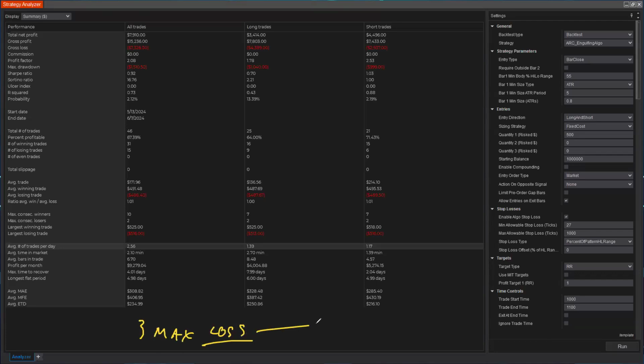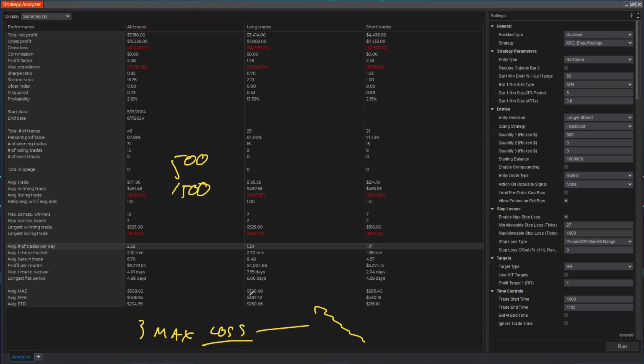Because in real life, when you're trading real money, you don't want the algo just going rogue and bleeding out your entire account because some news event came up. That's kind of worst case scenario, but still important to know. So I would do 3 max losers in this case, which, if our risk per trade is 500, puts us right at about 1,500. And we can set it around that, which I'll show you in a second.